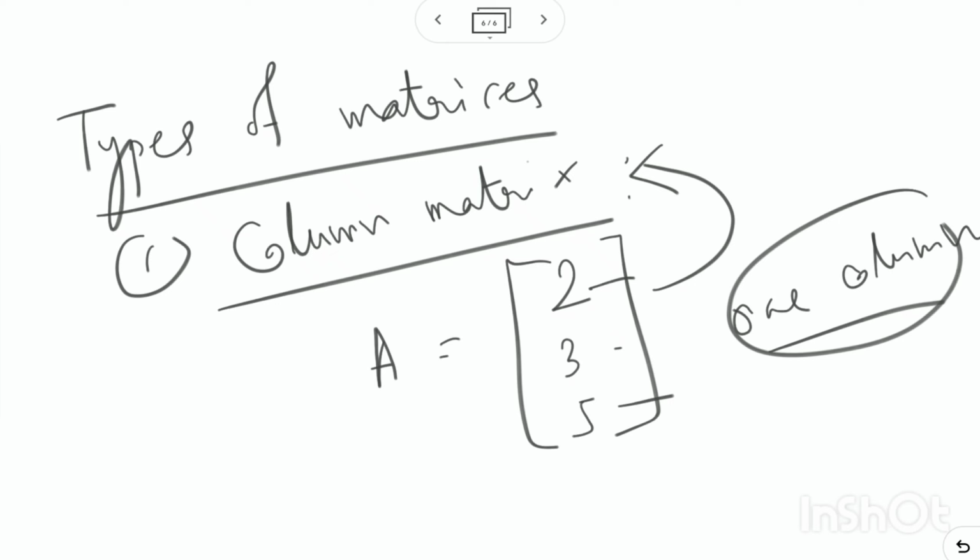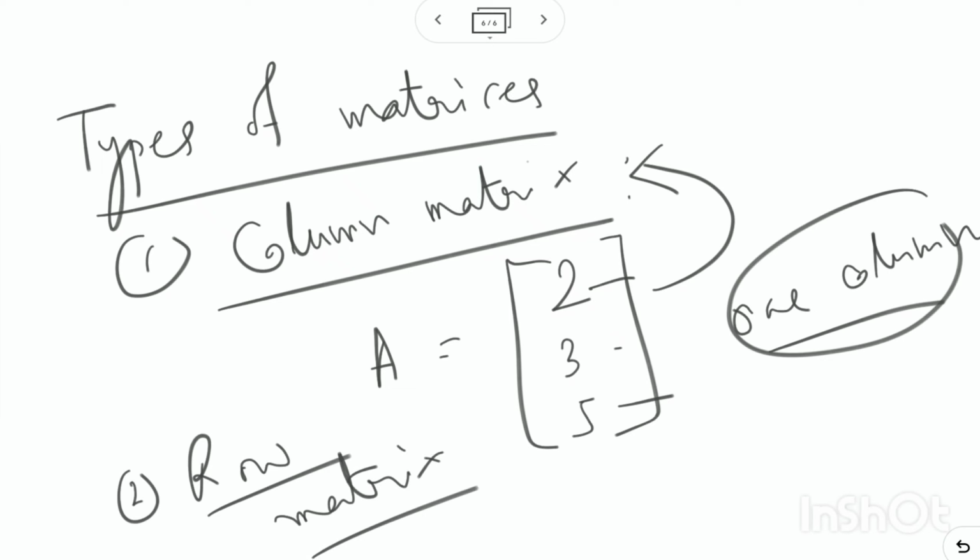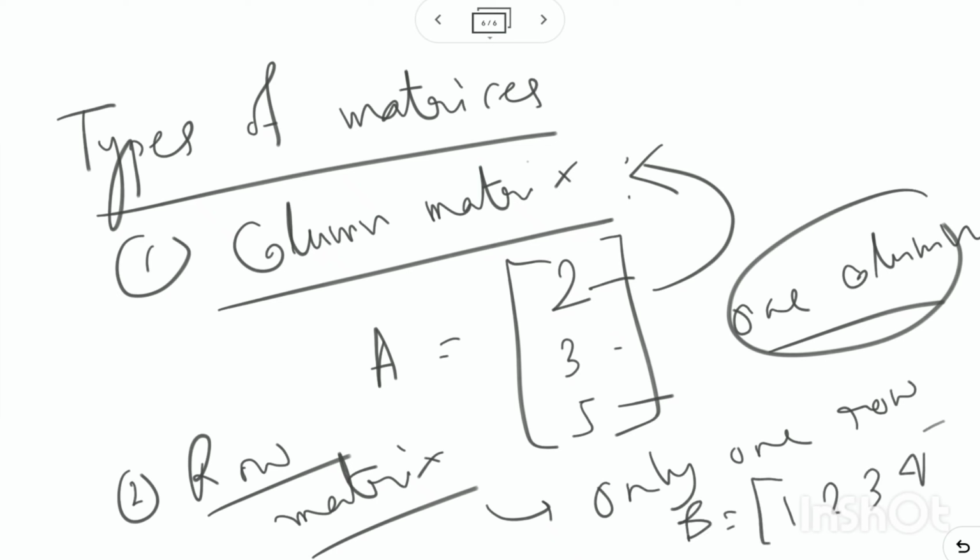And as usual, for the row matrix, if it has only one row in the matrix, this is a row matrix. For example, B matrix is 1 2 3 4. Now the third type of matrix is the square matrix.